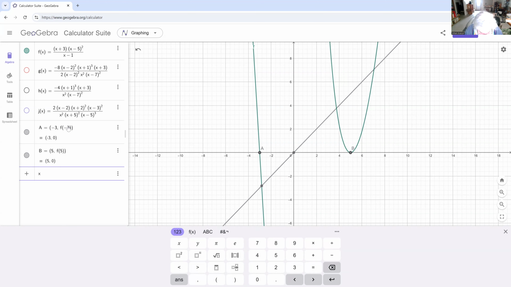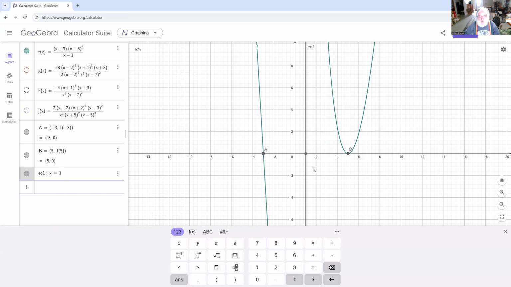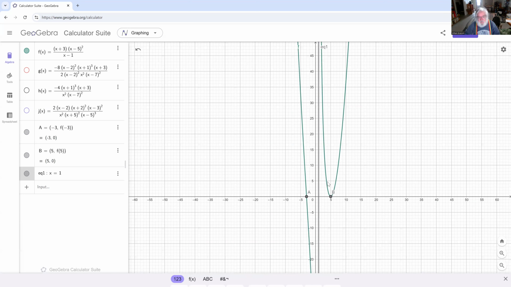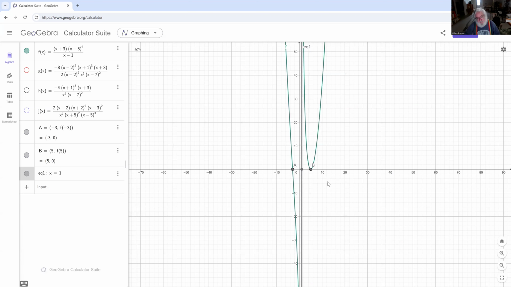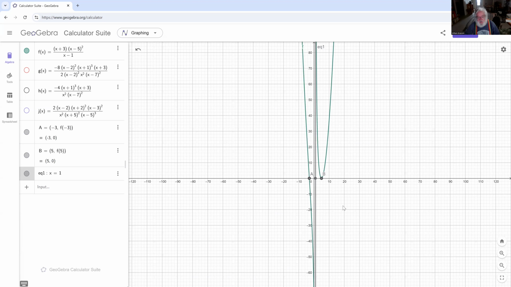We can plot a vertical asymptote just by plotting a vertical line, x equals 1. And so if we look at the graph, it looks kind of like what we had. The y values are getting really big here as we go out. And so there's our vertical asymptote, but you can see we go up to infinity on one side, down to minus infinity on the other side.